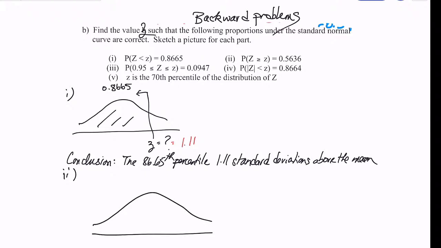Keeping in mind this is the probability under the curve and z is what we want to find.